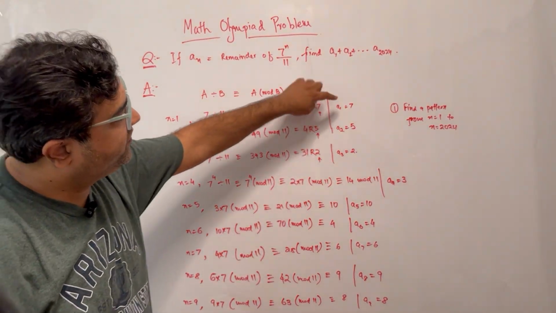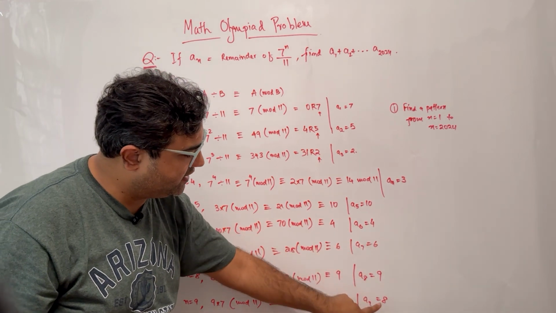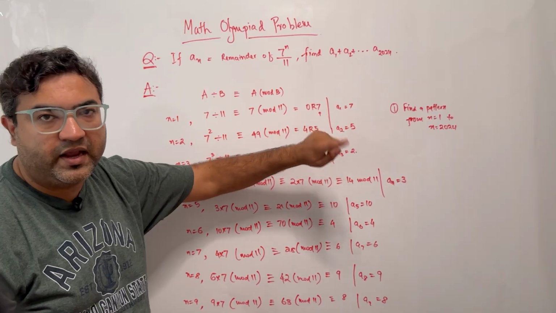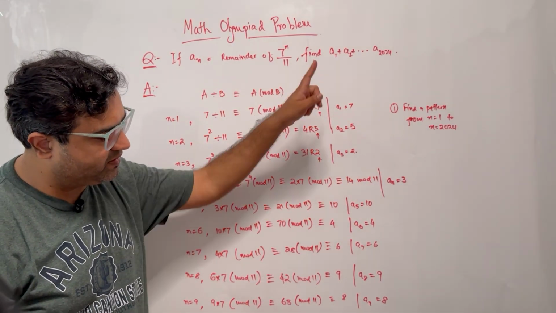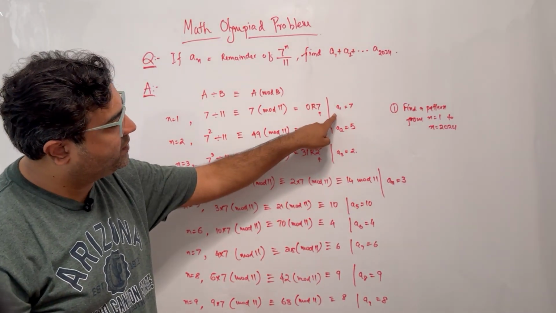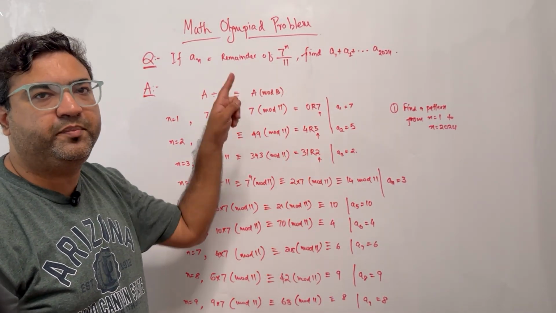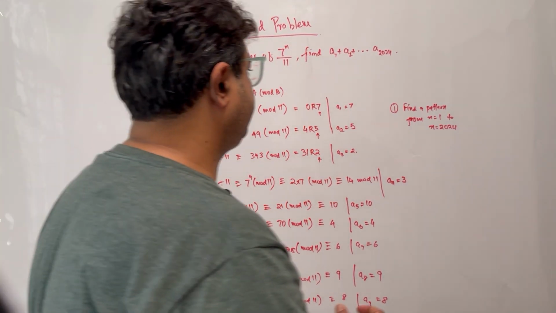So in this way, we go from 7, 5, 2, 3, 10, 4, 6, 9, 8, 1, 7. So after 7, it will again be back to 5, 2, 3. It is going to repeat this pattern again and again. So it will go from A1 equal to 7 to A10 equal to 1, and then every 10 terms it will repeat. Okay.